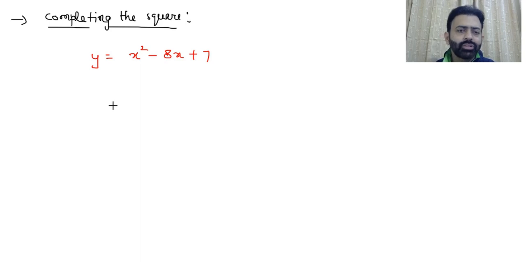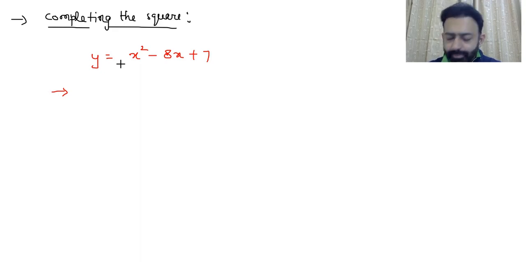In step 1, what you do is you take out or make the coefficient of x square as 1. Here the coefficient of x square is already 1, so no need to take any common factor. So we directly go to the next step.